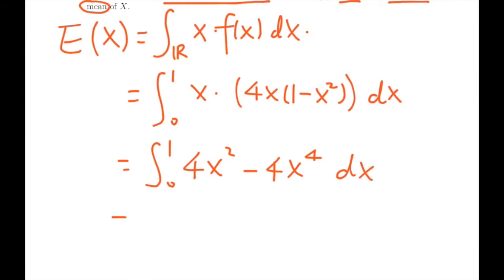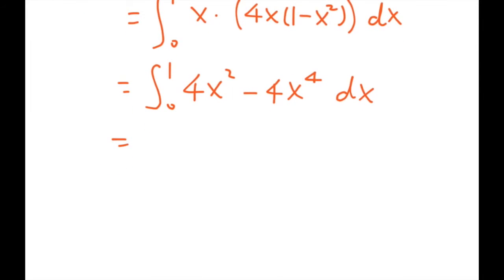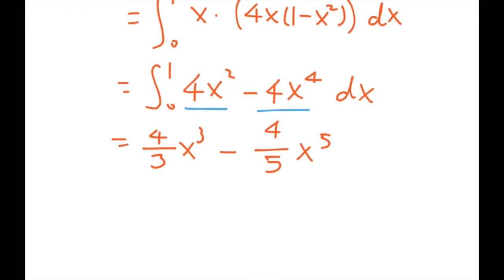So now we need to integrate this function. If we integrate the first part, 4 times x squared, we will have 4 over 3 of x cubed. If we integrate the second part, we will have 4 over 5 of x to the fifth. And also remember the limits are from 0 to 1.